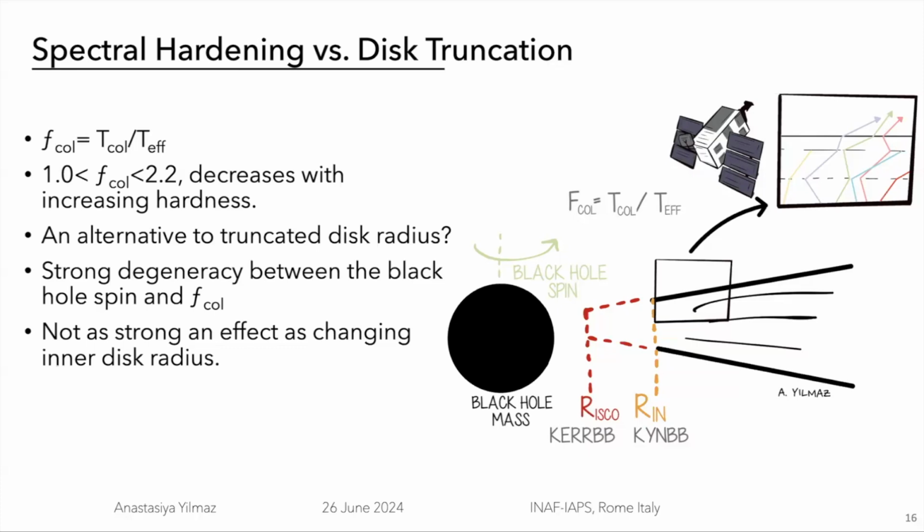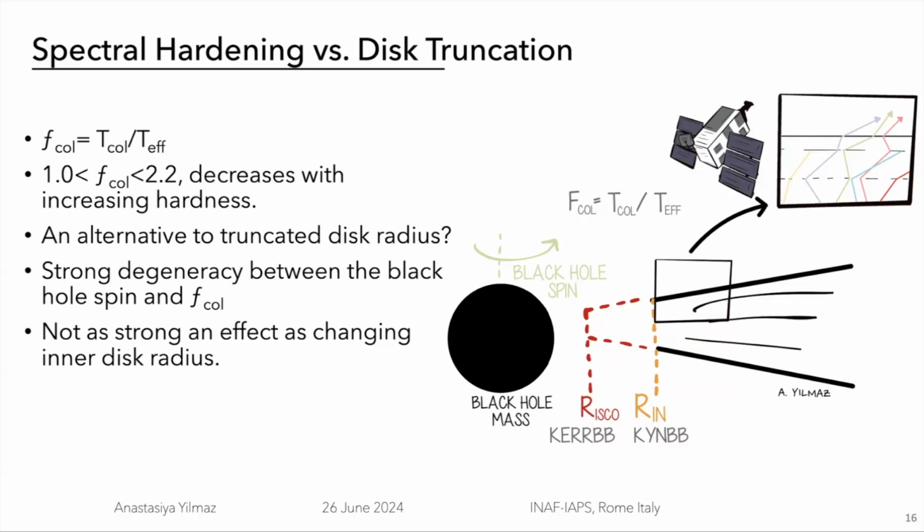People said that the disk will not change in position, so it will always terminate at the ISCO, but the temperature and the contribution from the accretion disk atmosphere is going to be the one driving the changes in the temperature that you will see. I personally do not like this argument, but it was one of the things that I needed to try before I can make any kind of claims.